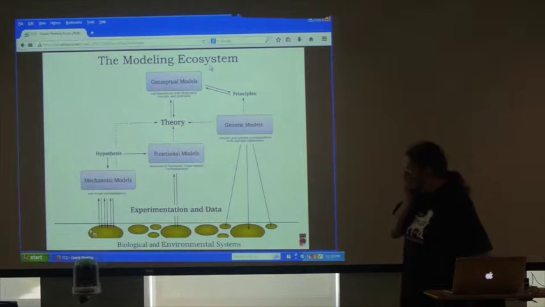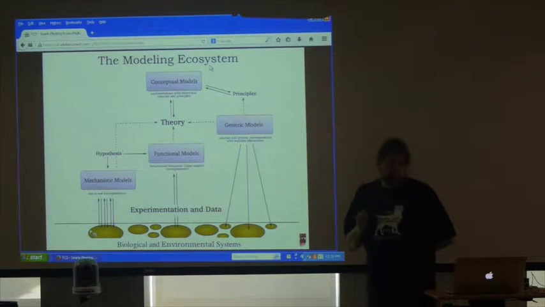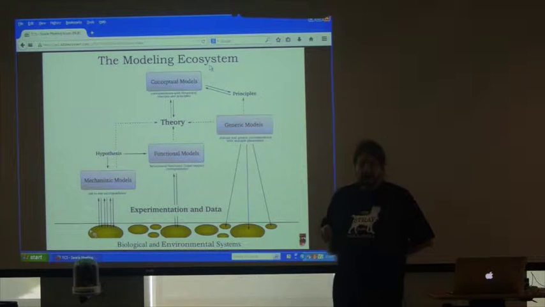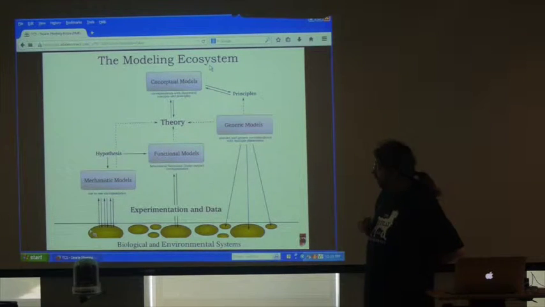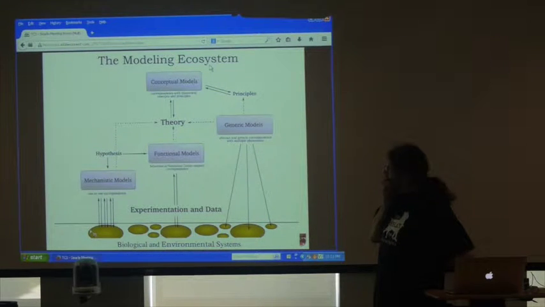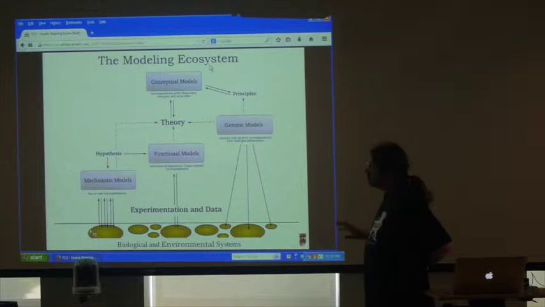Right? Now, in order to convince ourselves that we understand these systems, what we ideally want to do is build models at the different levels of abstraction, and then make predictions and then test those predictions. And one way to think about building models in these systems is the kinds of models and the relationships that we might build.